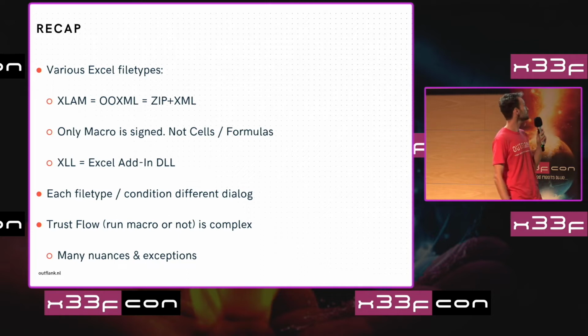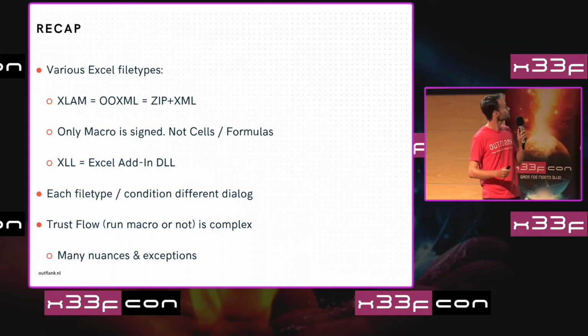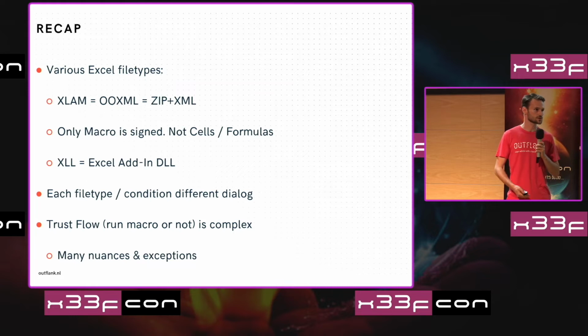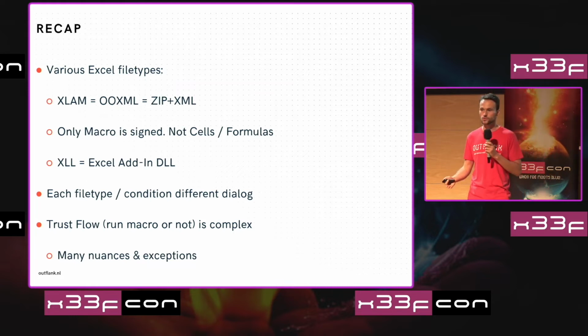So, small recap. Most of the Office file types are OOXMLs, so they are zips, and are openable. Only the macro is signed, so all the worksheets can be freely edited without invalidating the signature.